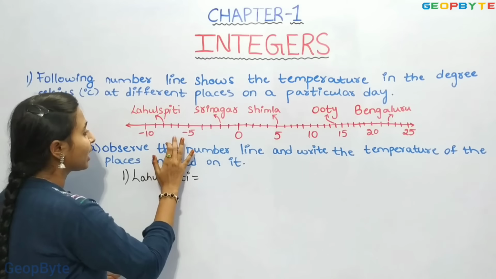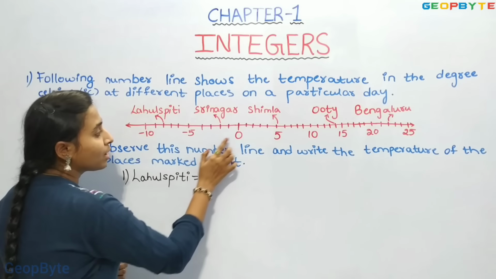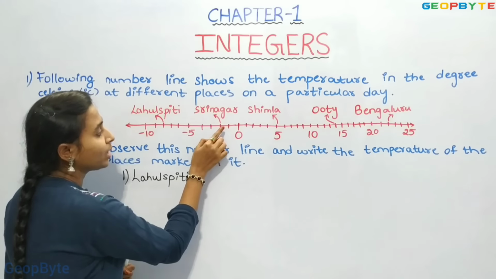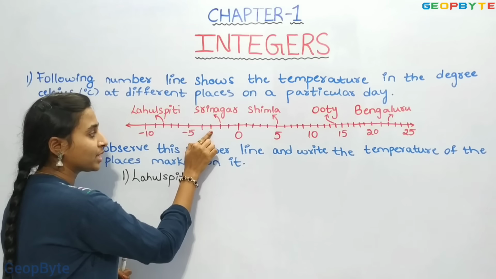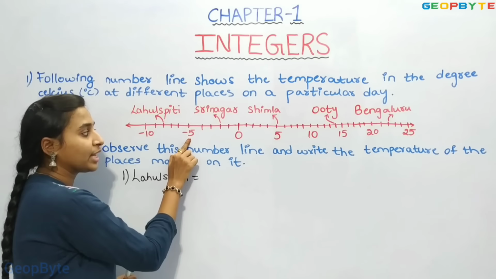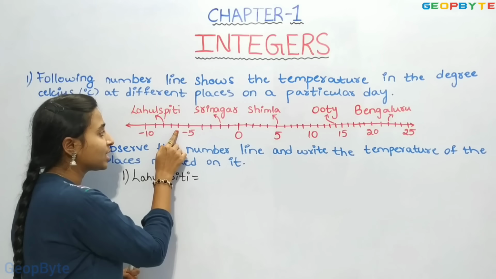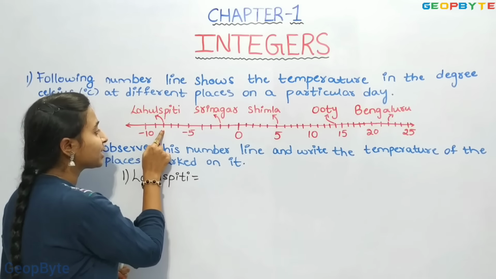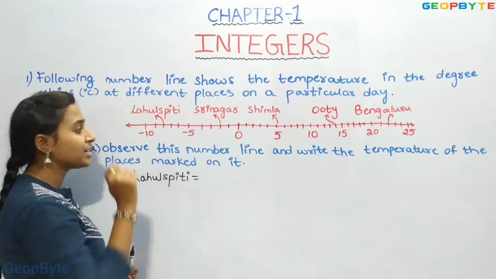So here we have negative numbers. After 0, -1, -2, -3, -4, we already have -5, -6, -7, -8, -9, -10.